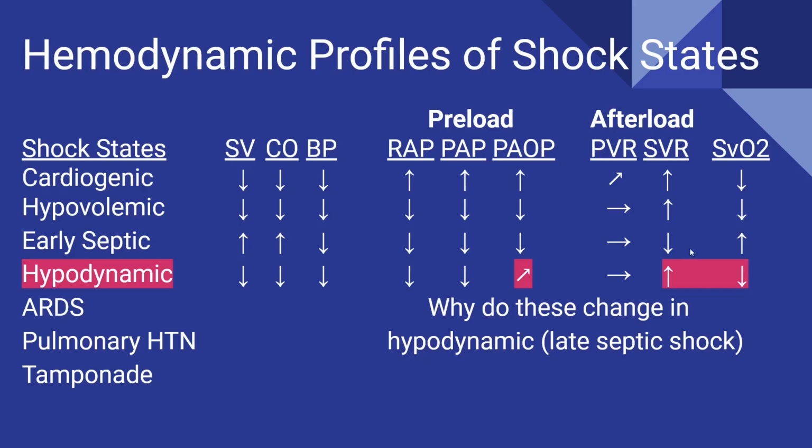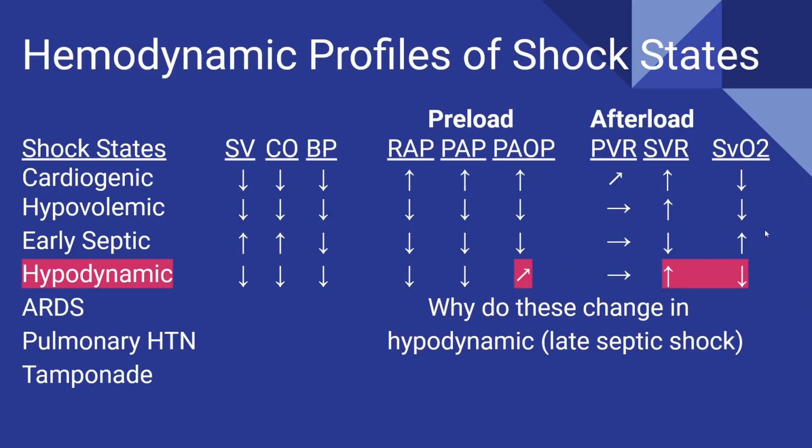So you could potentially see a higher pulmonary artery occlusion pressure, meaning that you have a higher pressure on the left side of your heart because of congestion, but not because you have adequate blood volume. So sepsis can be tricky because it changes the worse it gets, right?